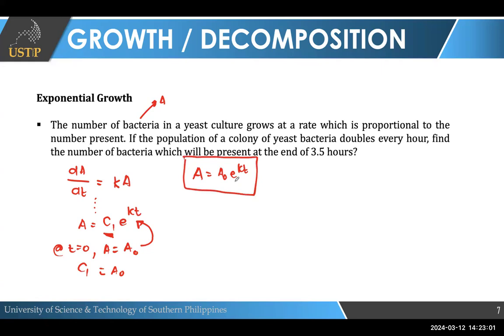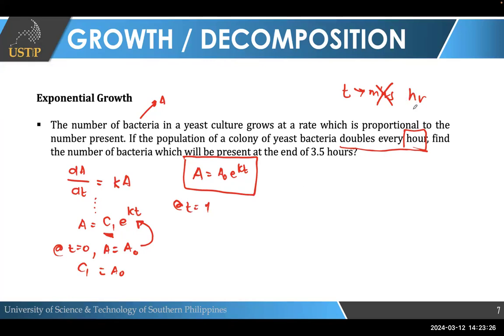Now, what does it say? If the population of a colony of yeast bacteria doubles every hour. So, this is our first clue. Doubles every hour. So, since it is already in hours, class, we won't assume that T will be in minutes. We go straight to hours to make it easier, since it is every hour. So, at time is equal to 1 hour.